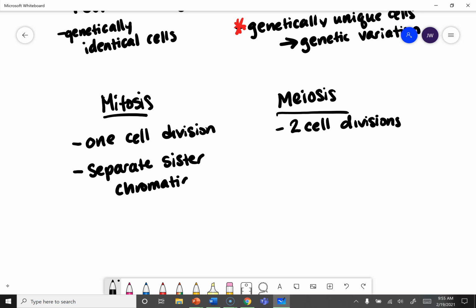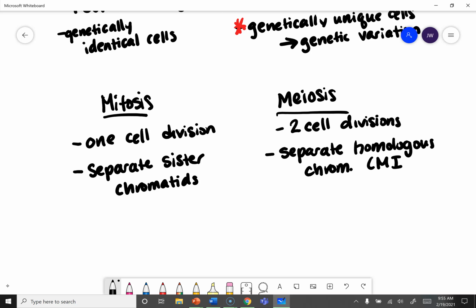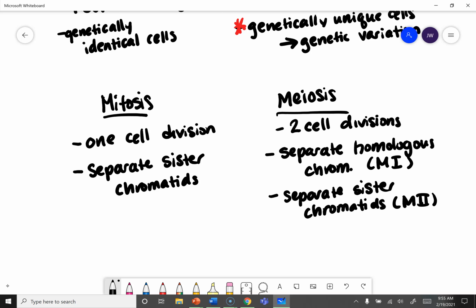I'll review those in just a minute. But in meiosis, we separate homologous chromosomes in meiosis 1, and then we separate sister chromatids in meiosis 2.